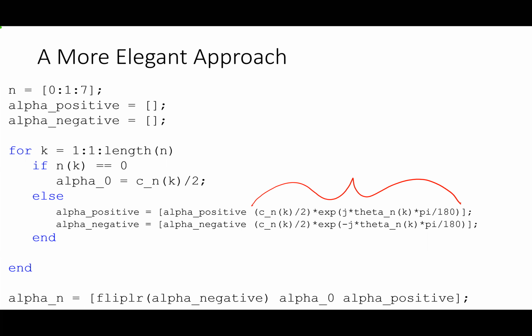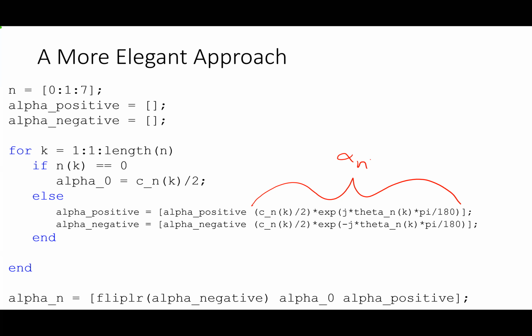What is that statement doing? What have I written there? The formula from the previous page. This is my alpha n right there. I've just put the formula in there.